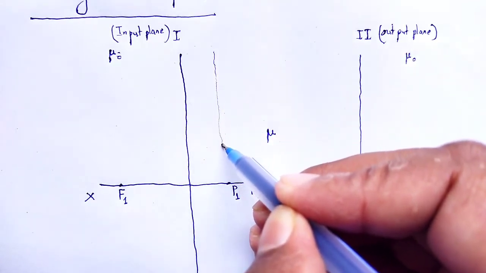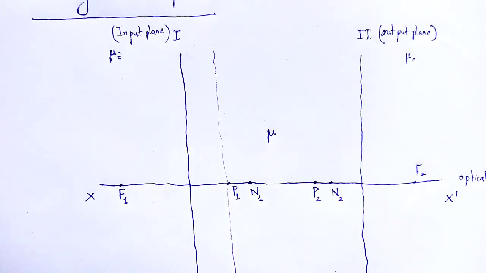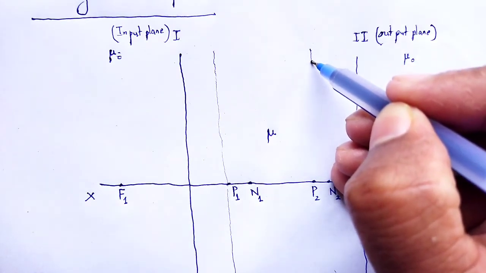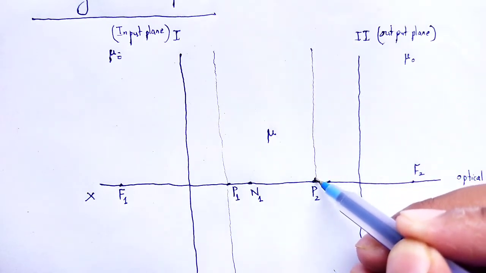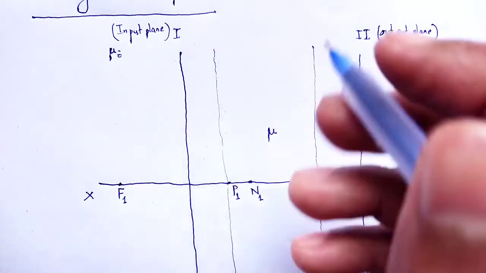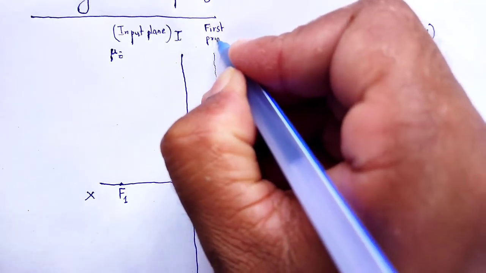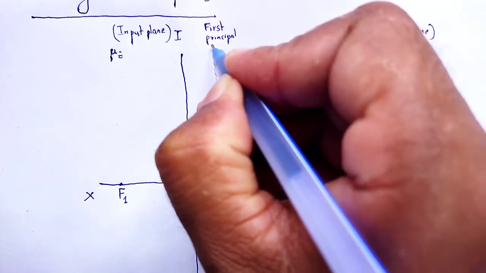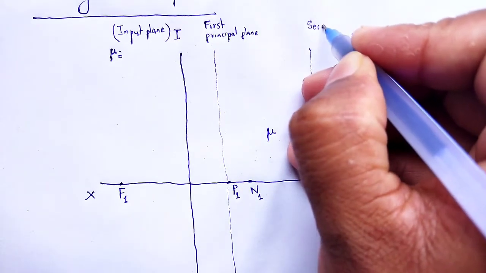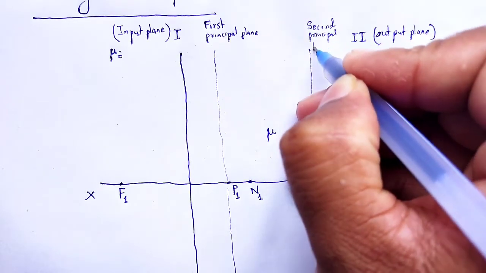The plane passing through a principal point is known as the principal plane. That is the first principal plane, and that one is the second principal plane.